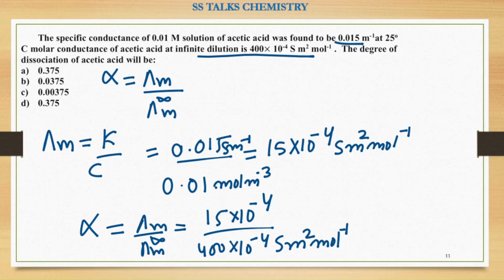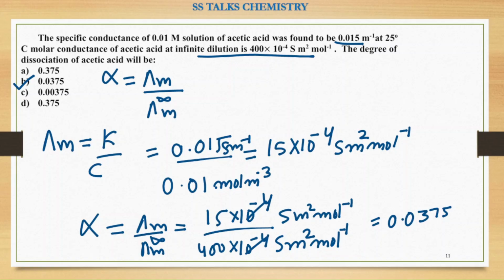The units are the same. So solving this, you will get the value as 0.0375. So the degree of dissociation is 0.0375, which is given to us in option B over here.